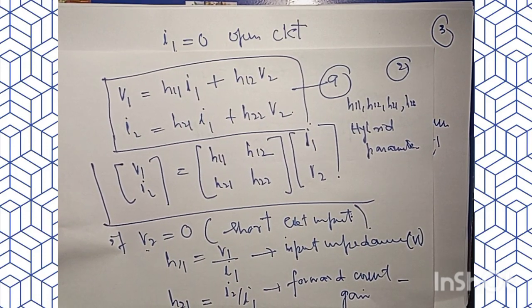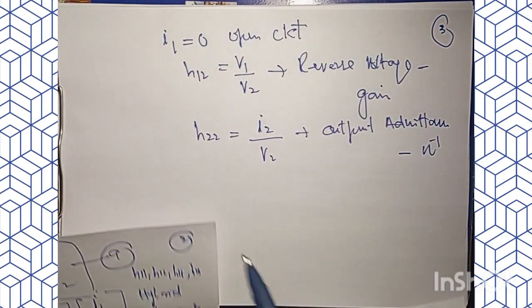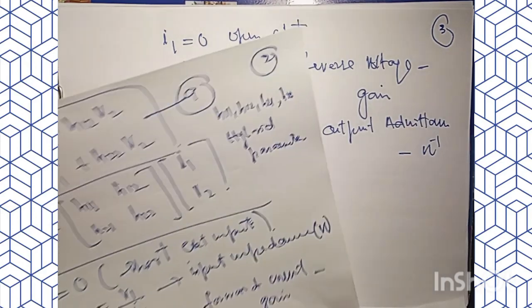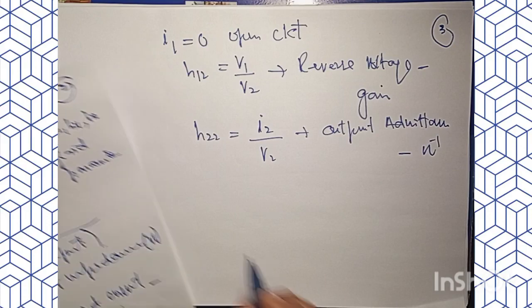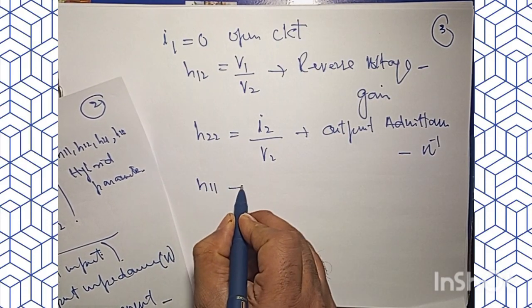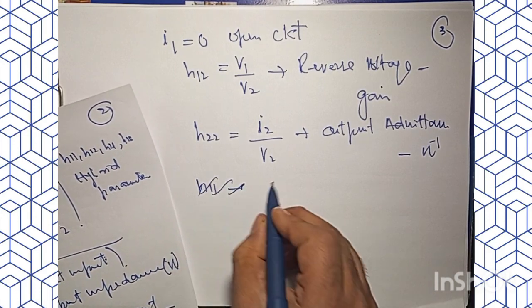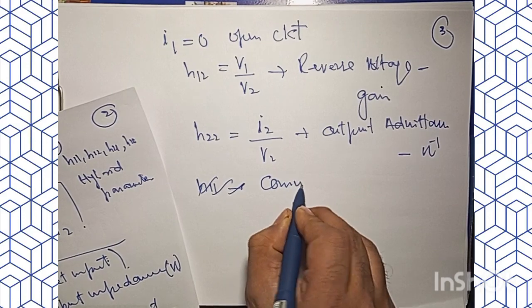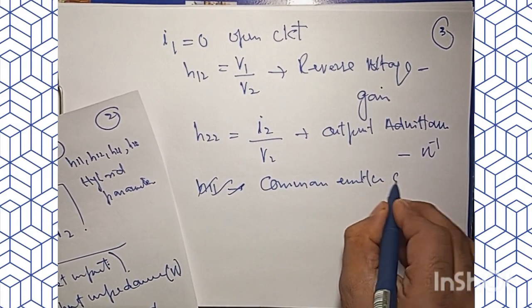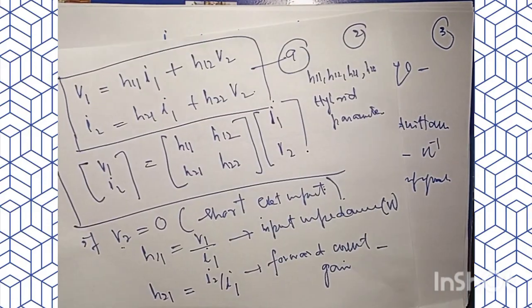For H11, it is better to go with the common emitter configuration completely here, because that's going to help us.